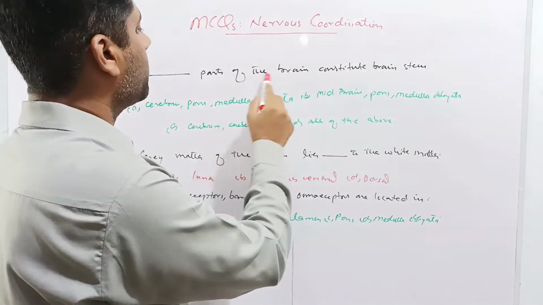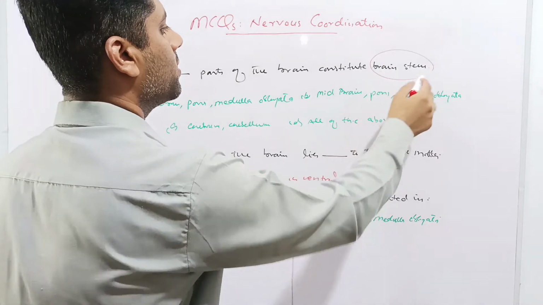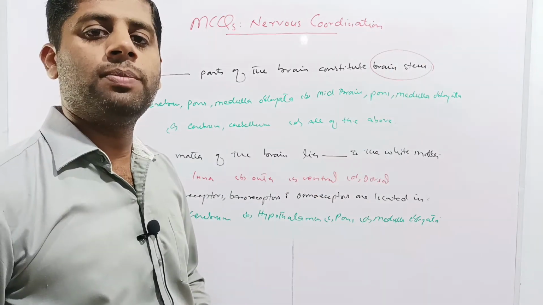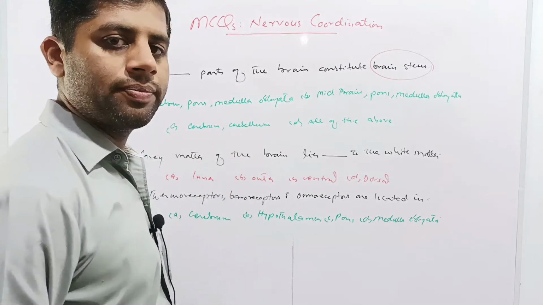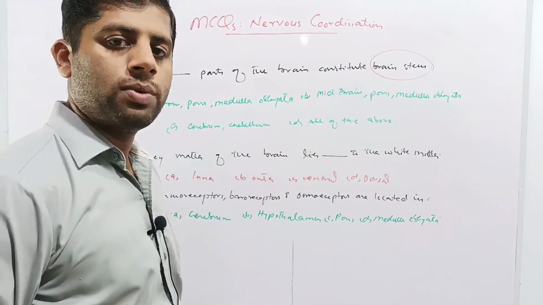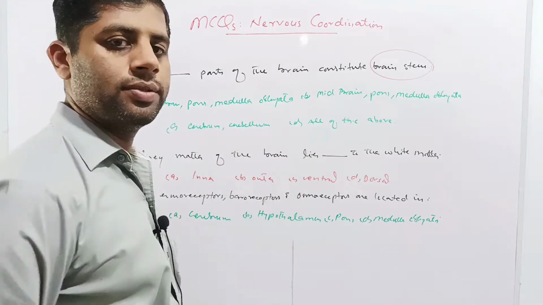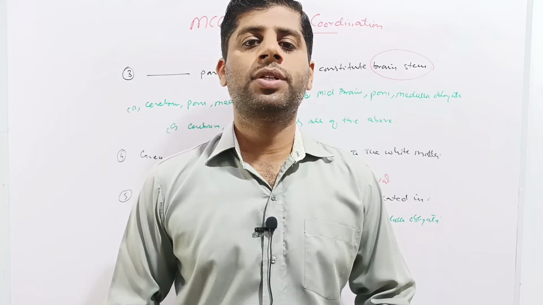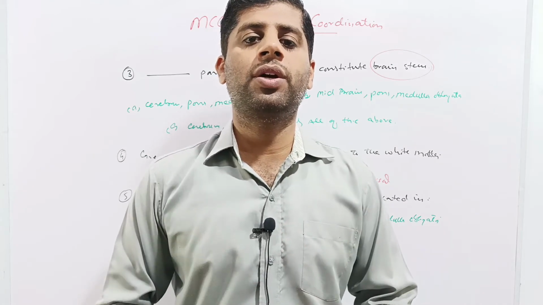The dash parts of the brain constitute the brain stem. It is often asked by the examiner what is meant by the brain stem. Given options are cerebrum, pons, medulla oblongata, midbrain, pons or medulla oblongata, cerebrum and cerebellum, or all of these. It should be kept in mind that the brain stem is constituted by the organs of the brain lying in parallel fashion or in a straight elongated manner.